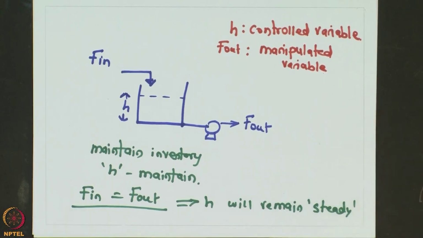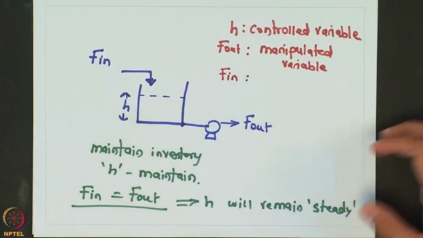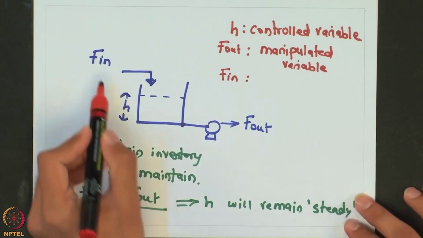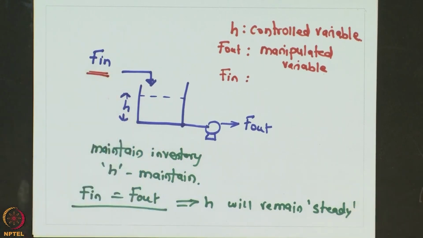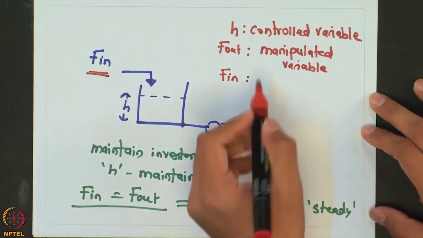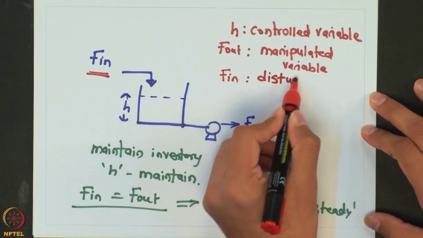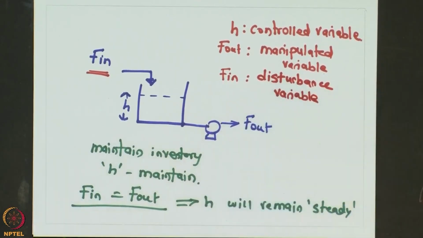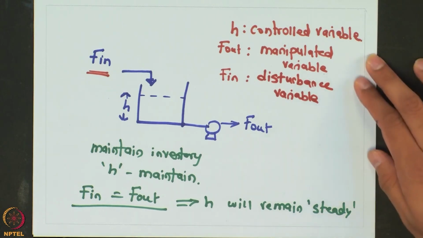Now other than that, there are also some variables which will affect the controlled variable, but we do not have any control on those. So for this particular example, inlet flow rate was a variable which is going to affect the controlled variable, but we do not have any control on changing the value of the inlet flow rate. Such variables are known as disturbance variables. And lastly, there is always some set value or desired value at which we want the controlled variable to be.